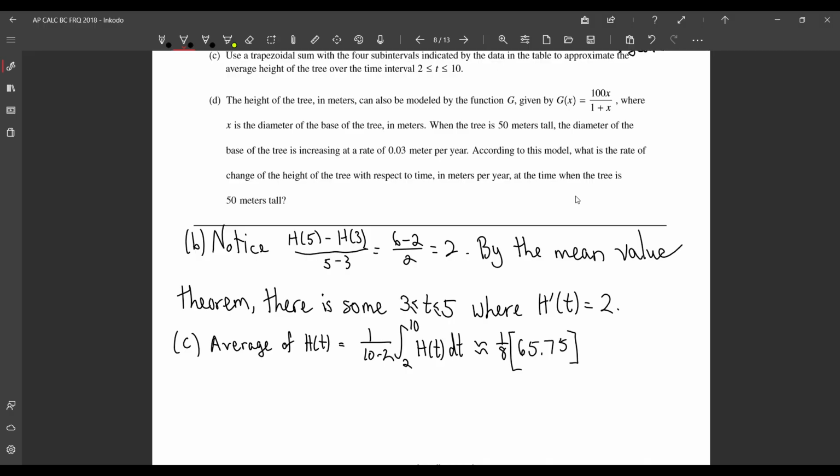And I guess I can estimate this to the best of my ability. So it's going to be closer to 8.25, right?